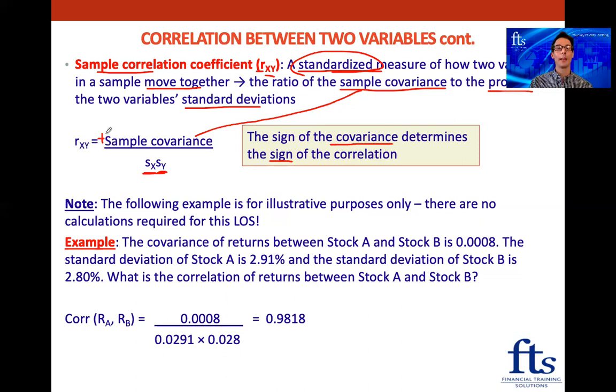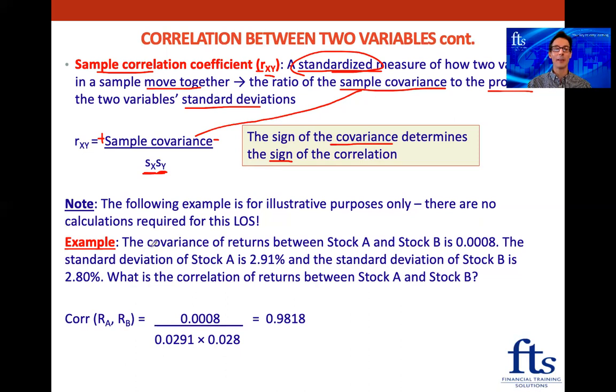If this sample covariance was a negative number, then the correlation would be a negative number. Again, I've got a note here that we don't have to do calculations, but the correlation calculation is a million times easier than covariance. So we'll see it's not so bad.